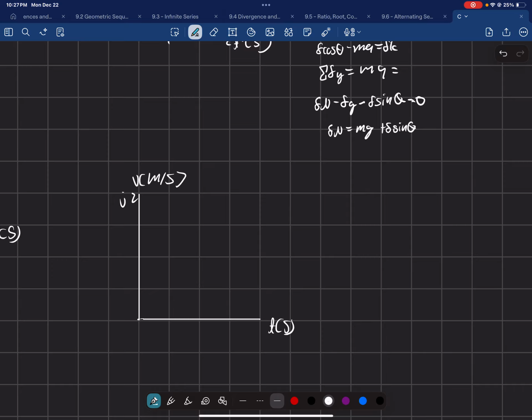It's 4, 3, 2, 1. This slope should be around 1.8.